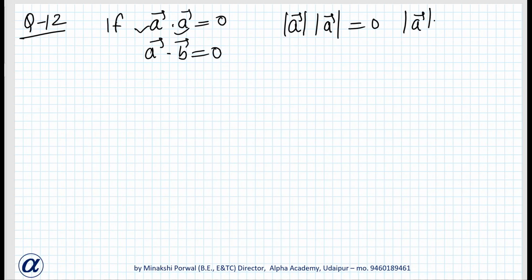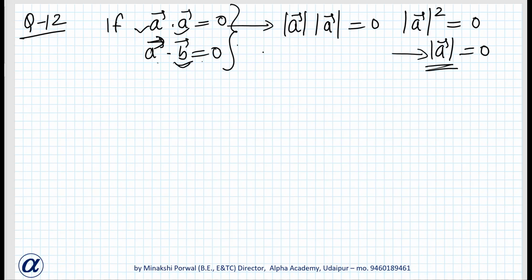So this can be written as modulus of a square equals 0, or a equals 0. So if a dot a is 0, that means vector a is 0. If a dot b is also 0, b can be any vector, still it will be 0. So if these two things are given, we can conclude that vector a is 0 and vector b can be any vector.